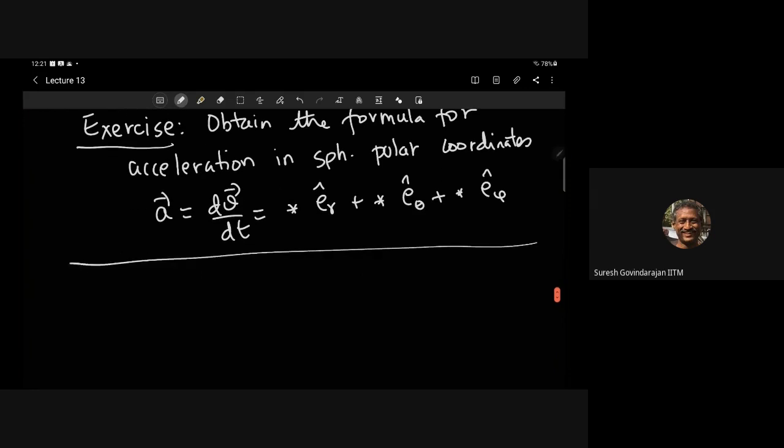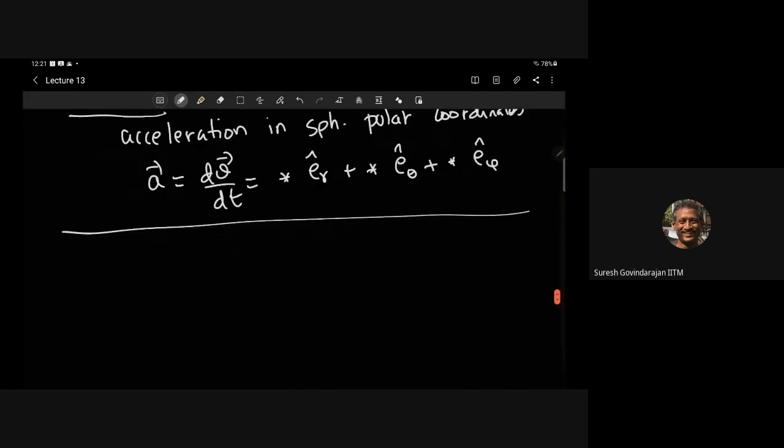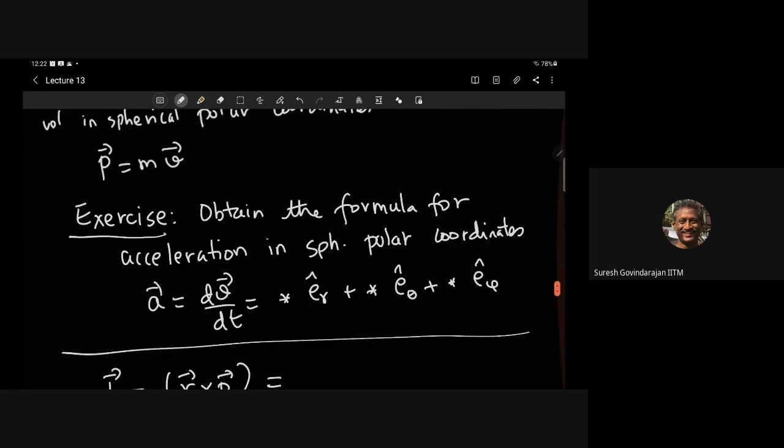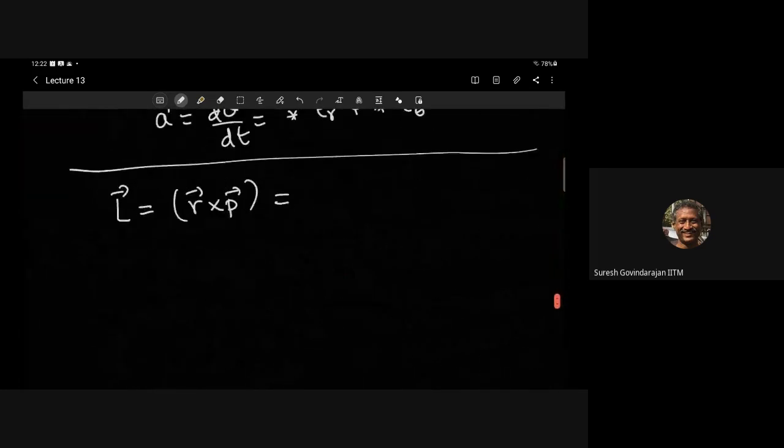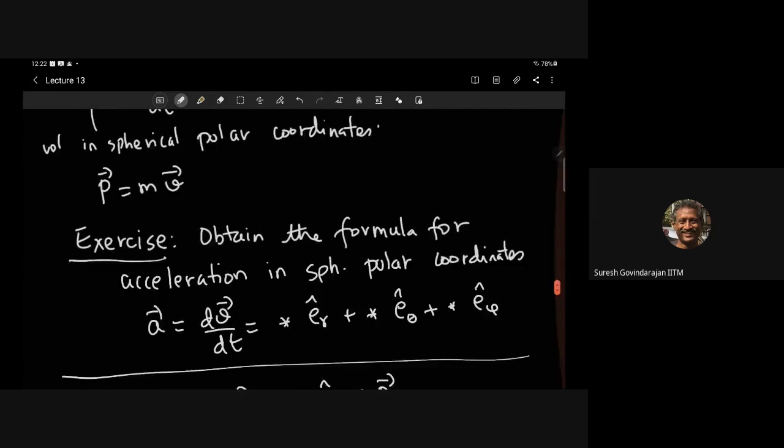Okay, so we need to compute, say, L, the angular momentum, which is defined to be R cross P. We have expressions for R and P, so if you just go ahead and write it, it will be R e_r cap cross P, which is a slightly messier expression, but we have everything that we need.